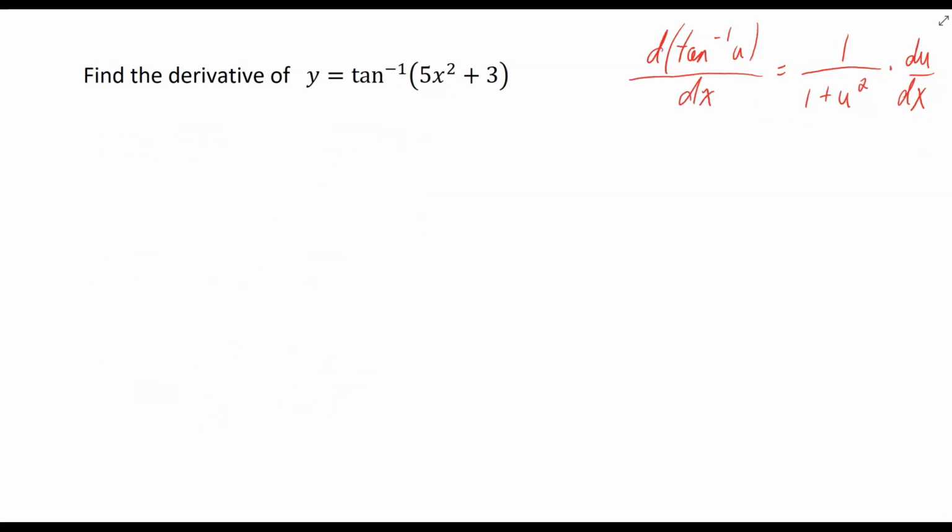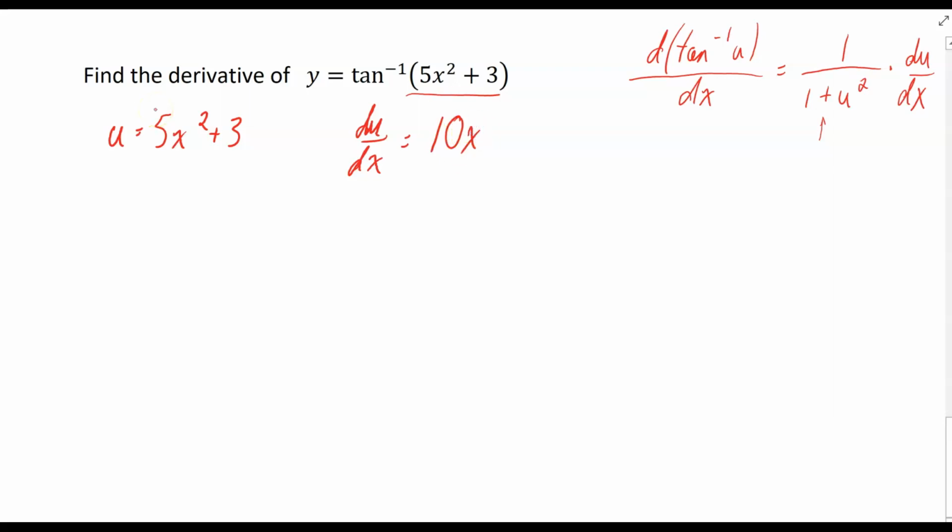Let's do one last one with the tan inverse function. So I've written the tan inverse formula here, and notice there's no square root in the denominator, and it is 1 plus u squared, but we always multiply by the du dx. So, well, we better find out what u is first, right? It's bracketed here nicely for us, so that is all u. u is equal to 5x squared plus 3. Again, we know we need du dx. Let's just write it down. The derivative of 5x squared is 10x.